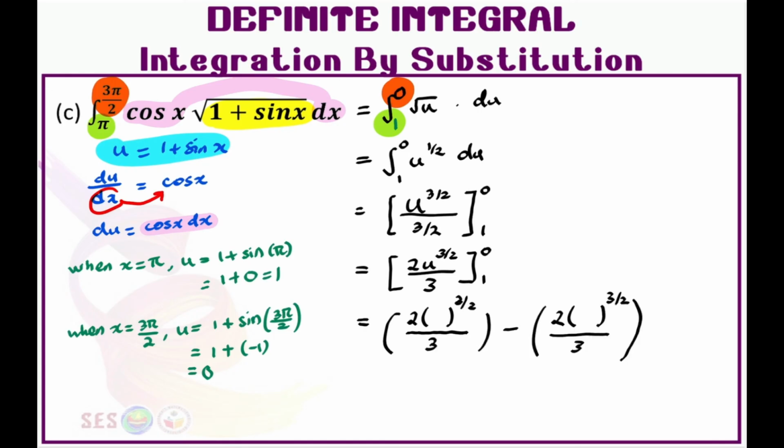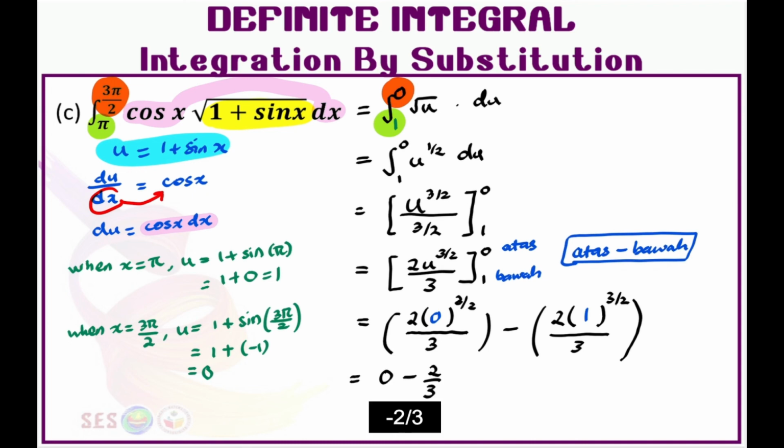Okay, so always go with atas tolak bawah, upper minus lower. So the upper limit is 0 and the lower limit is 1. Alright, so if we substitute in the calculator and calculate, we'll get 0 minus 2 over 3. So our answer is just negative 2 over 3. That's it, and we're done.